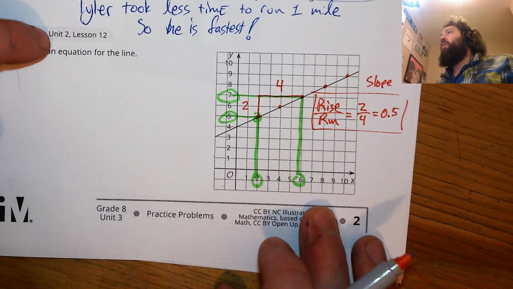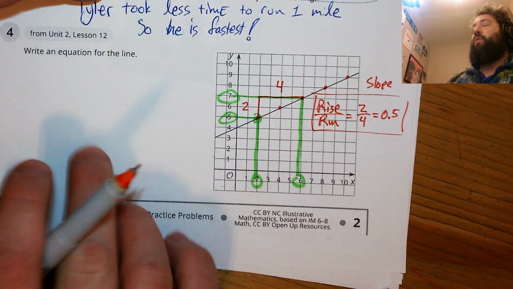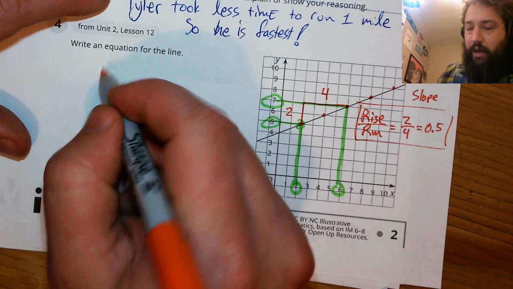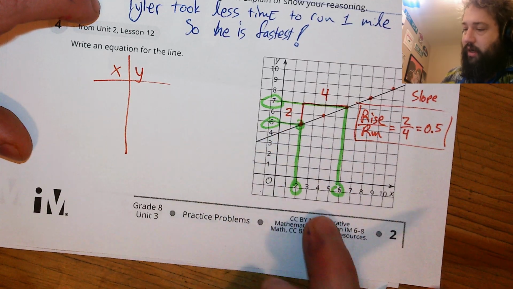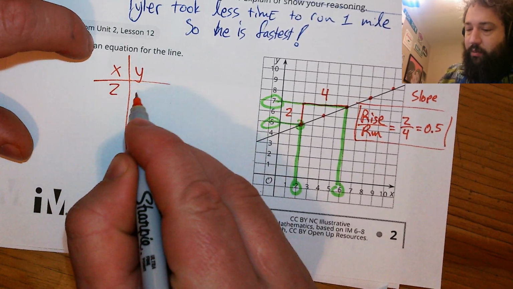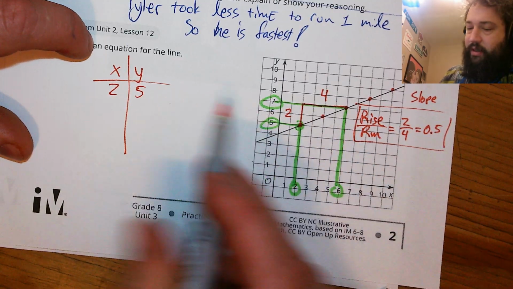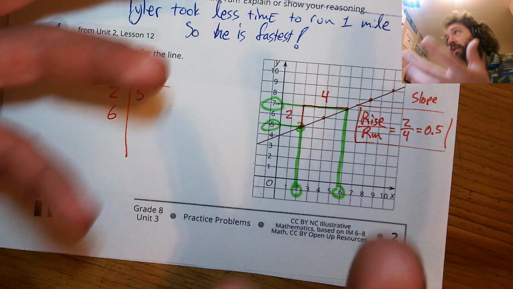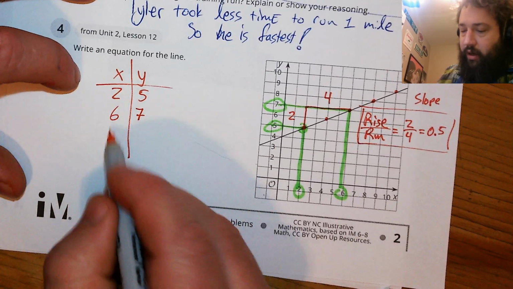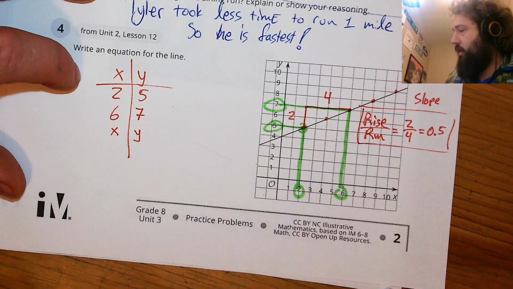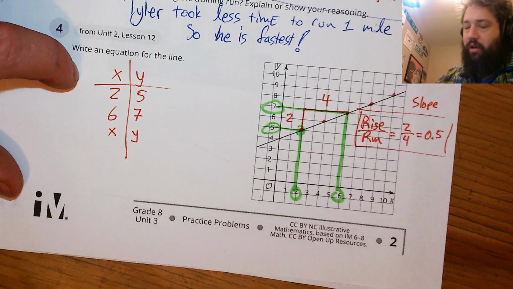But we're going to go a little redundant here. We're going to do this work a different way with a table. So I'm going to put those 2 points in that I know. So I have 2, 5, and I have 6, 7. And then I'm going to put an x and a y here so we can track all of my changes.